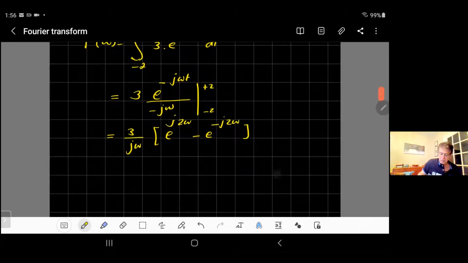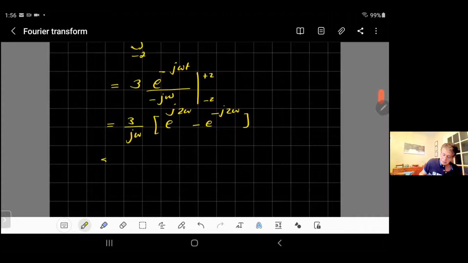Now you can simplify this. You know from trigonometry that sine theta is equal to e to the power of j theta minus e to the minus j theta, divided by 2j.